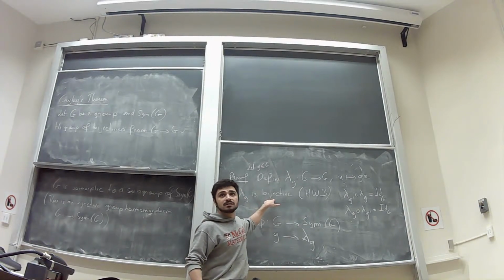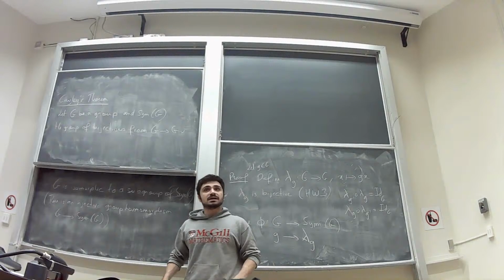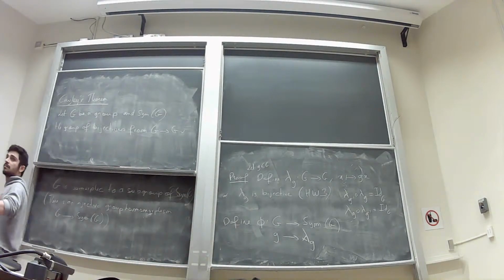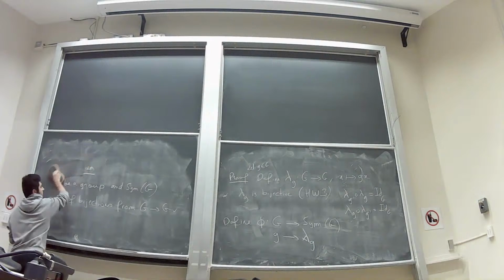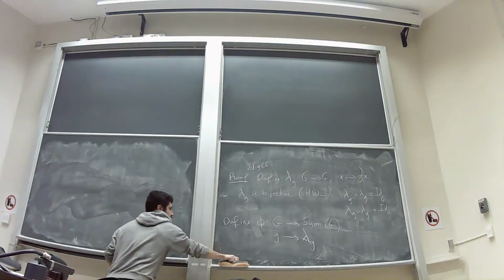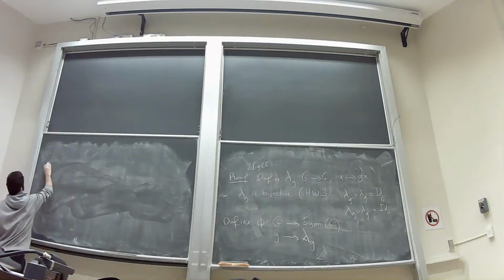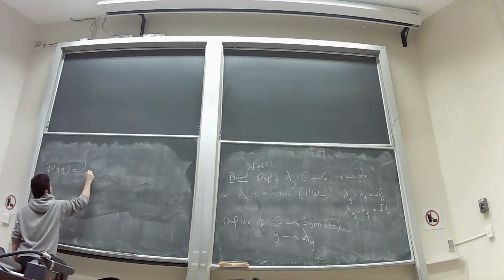Now, if I send g to this function lambda_g, I get a group homomorphism. Let's prove that. So what is phi of g1 g2? This is lambda_{g1 g2}.